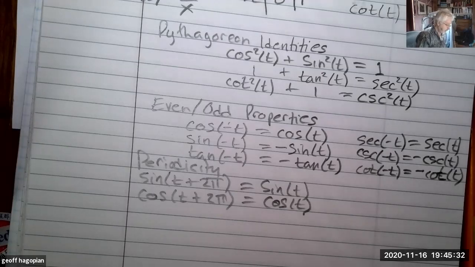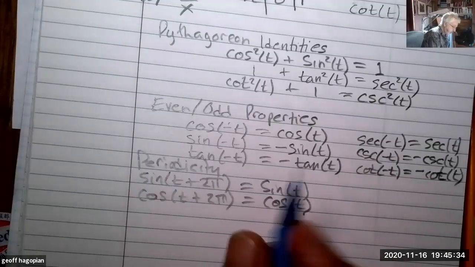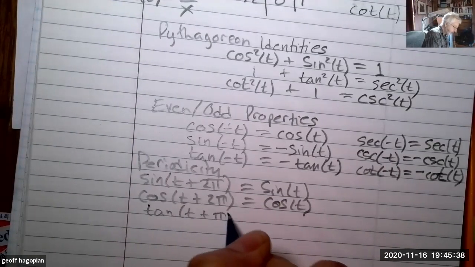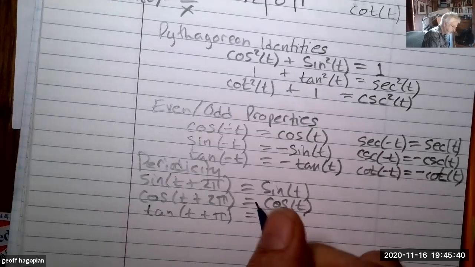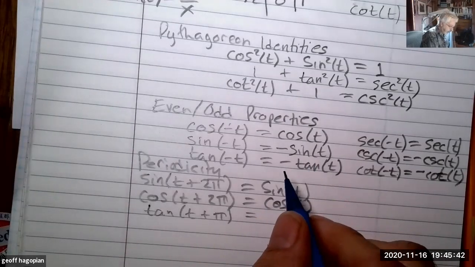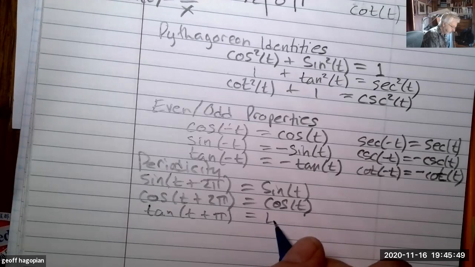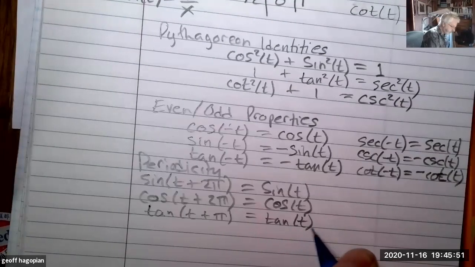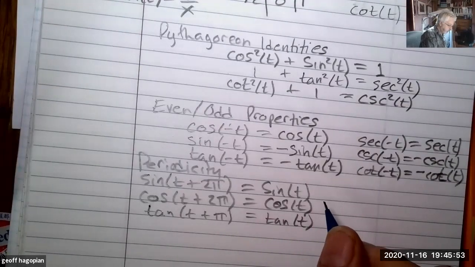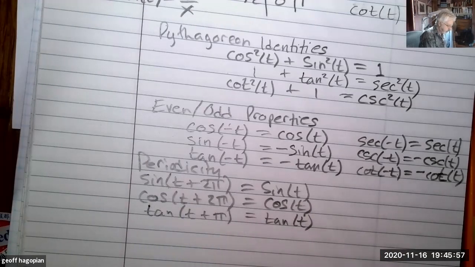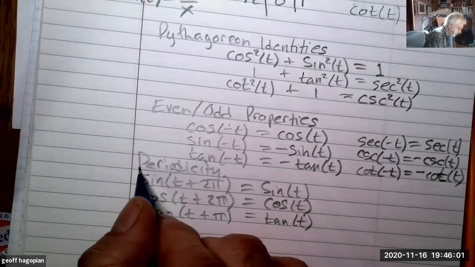And same thing for tangent, except tangent is kind of interesting. Its period is only pi, right? Because once you get to the 3rd quadrant, you've got y and x both negative. So the ratio of negative y to negative x is the same as the ratio of y to x. So I could say the same for secant and cosecant and cotangent, right? So that's periodicity.